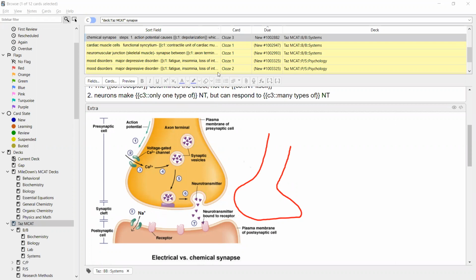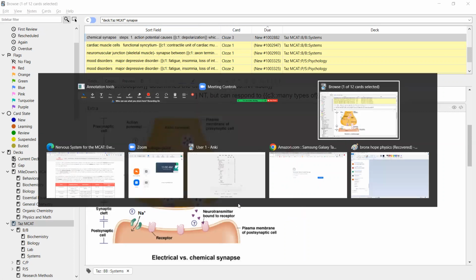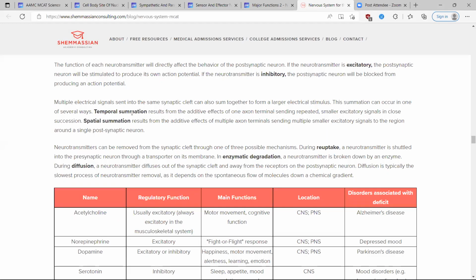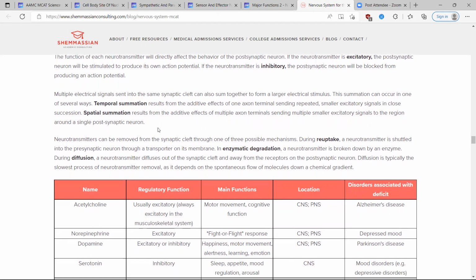So it's a matter of how is the signal being added, how is the signal growing enough to trigger that action potential? And it's one of 2 ways. Either one axon is giving a bunch of vesicles, or multiple axons are sending smaller signals, but they're adding up. So in both ways, they're adding up to trigger that action potential.